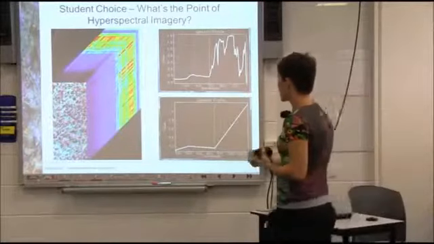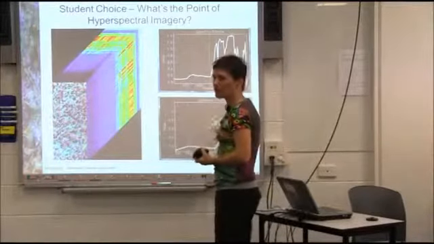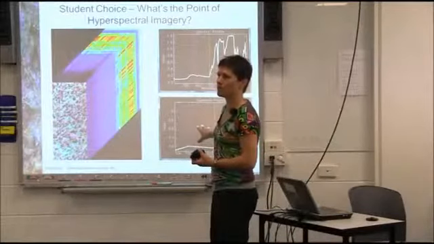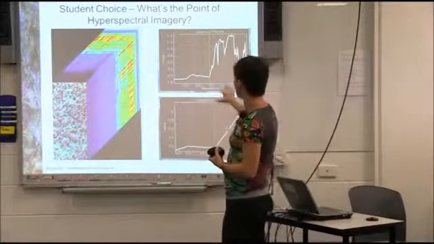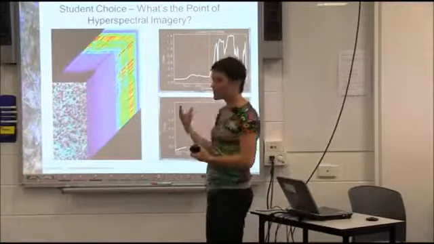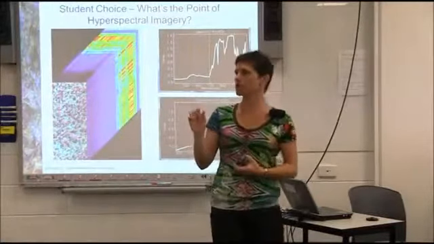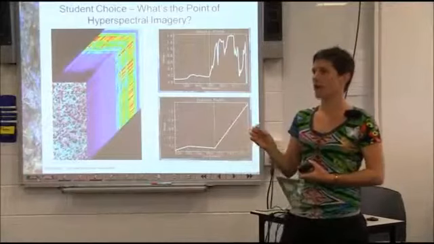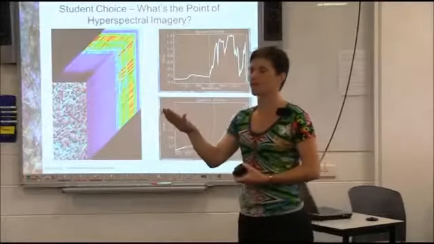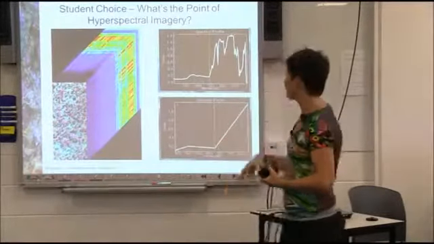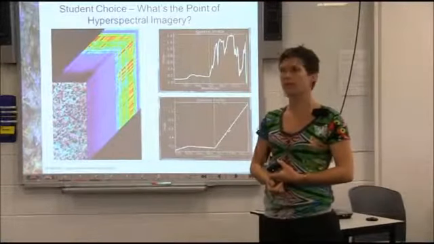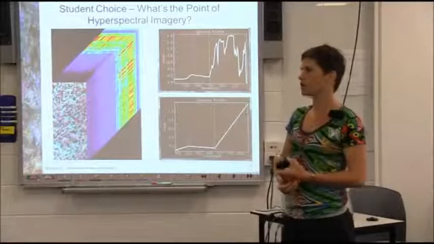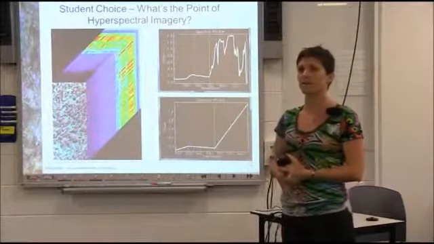But the difference is, in my spectral curve, I now only have 4 bands to choose from. This image, when it's hyperspectral, will allow me to measure things at a much finer detail in terms of that spectral curve, and then map it across the entire image. So I can measure just how deep that absorption trough is, how broad it is. I can look at very specific bands that I want.